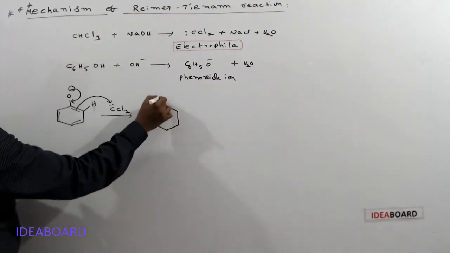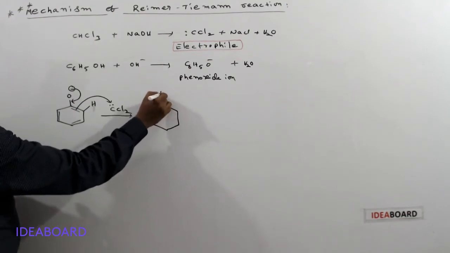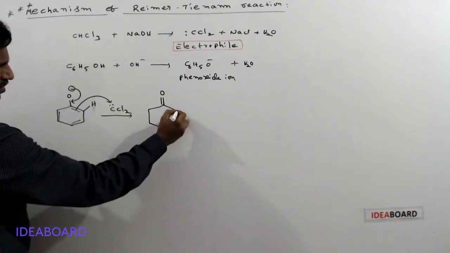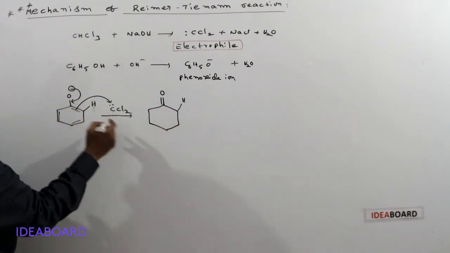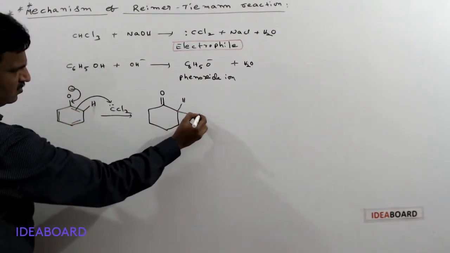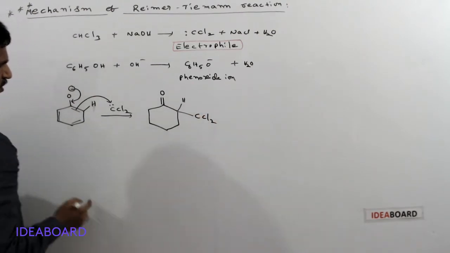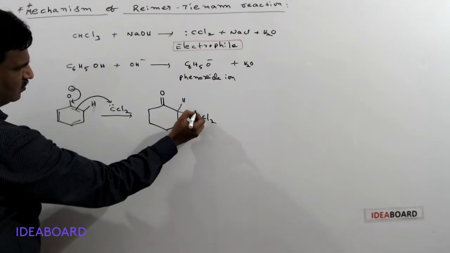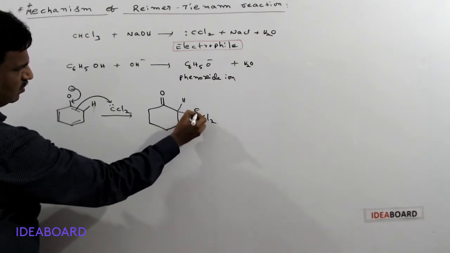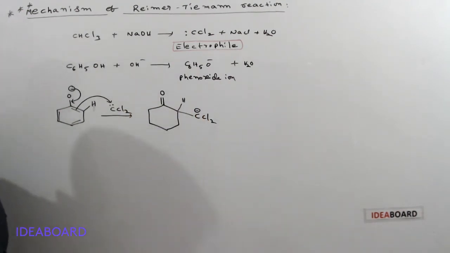Here C double bond is formed, oxygen is there, and here one more hydrogen already present, and a new bond is formed with CCl2. And this pair of electrons are taken up by this, so it is already having a lone pair, so now it gets a negative charge.